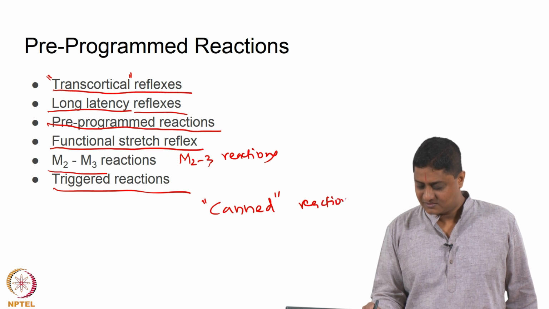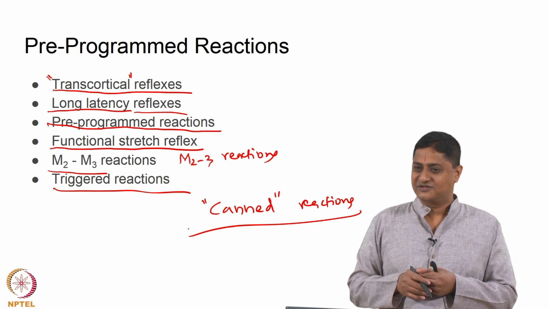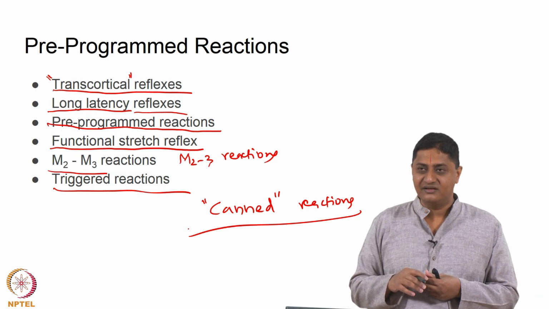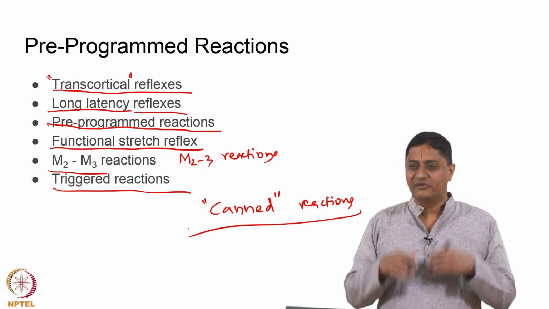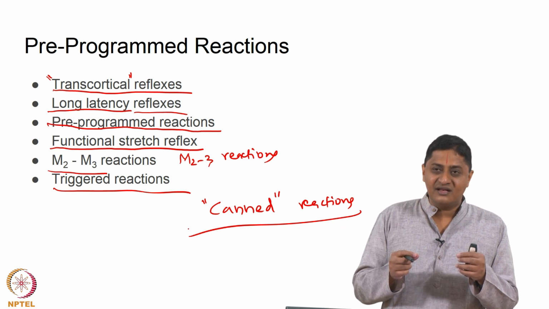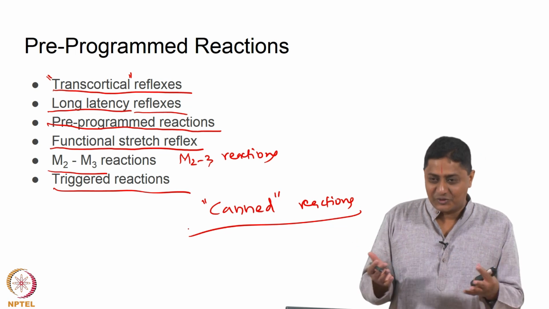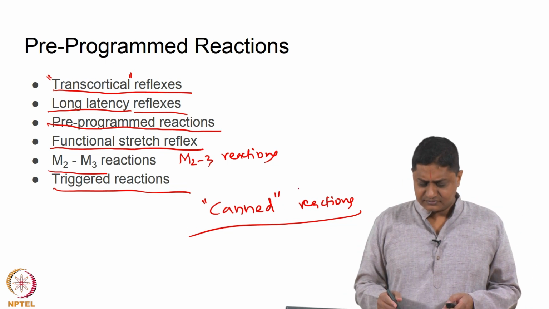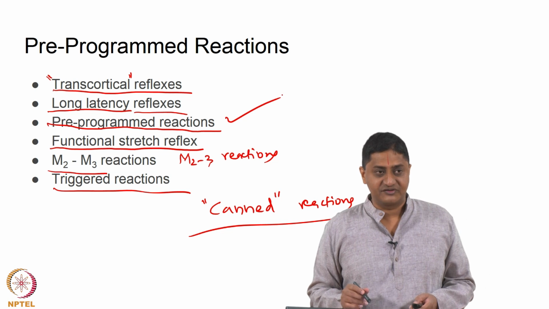That is like if I am expecting something to happen, I have a canned response. For example, somebody is coming to ask me for something, and I have a canned response as to what I should tell them. I give them the same response every time they come. Them coming in and asking only acts as a trigger for my response, but the response itself is not going to vary. That is called a canned response or canned reactions. There are several such names. We will call this pre-programmed reactions for the purpose of this class and course.